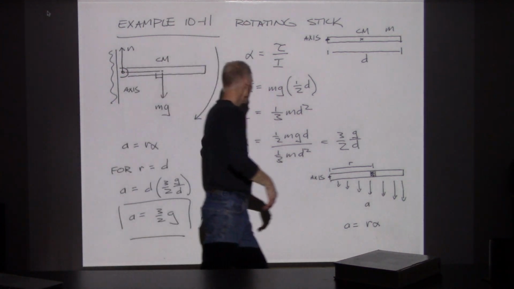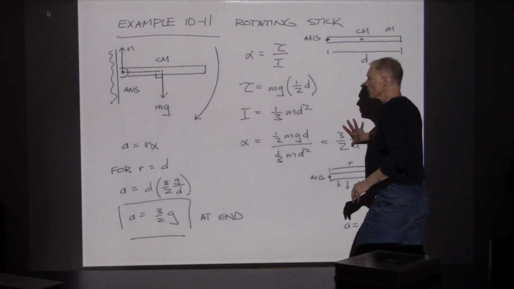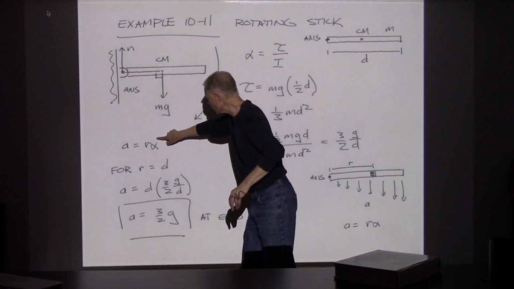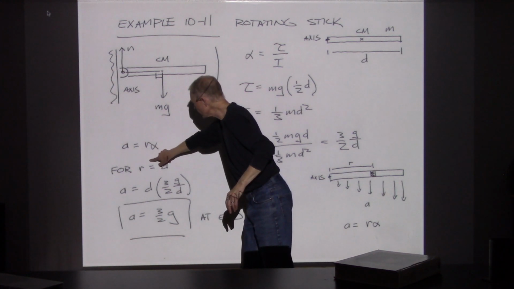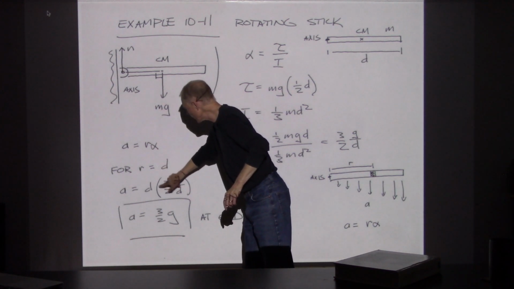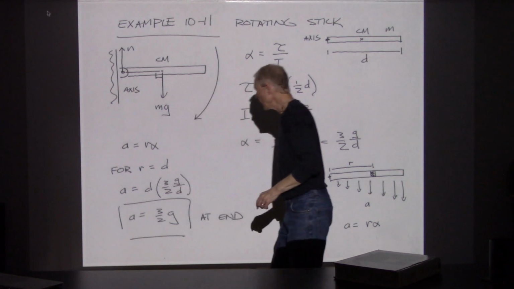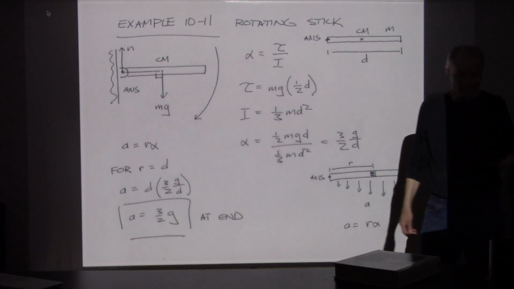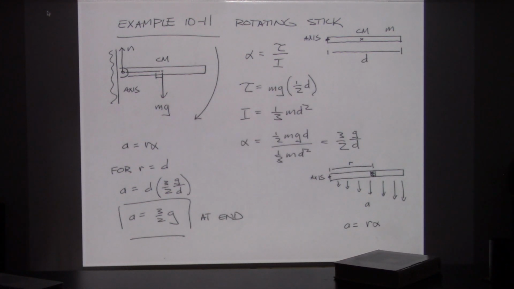That's what the alpha value is here. So we're just taking this equation, substituting in a value for r, substituting in a value for alpha. And the linear acceleration works out to 3/2 g. It's actually accelerating faster than a gravitational acceleration would for an object.